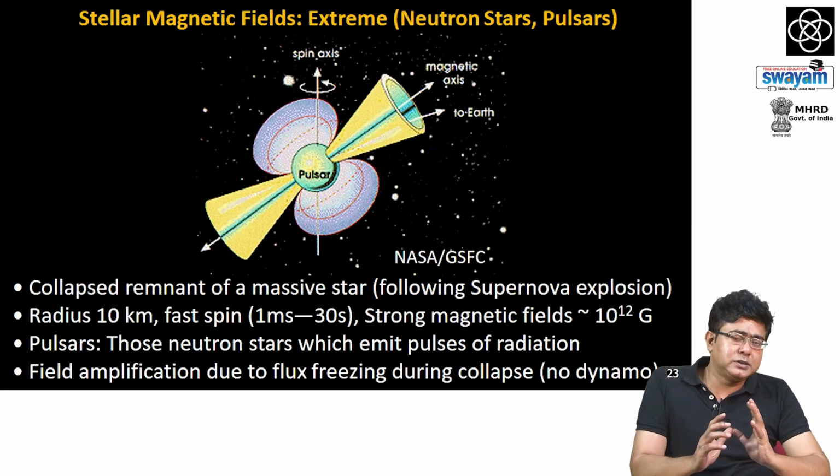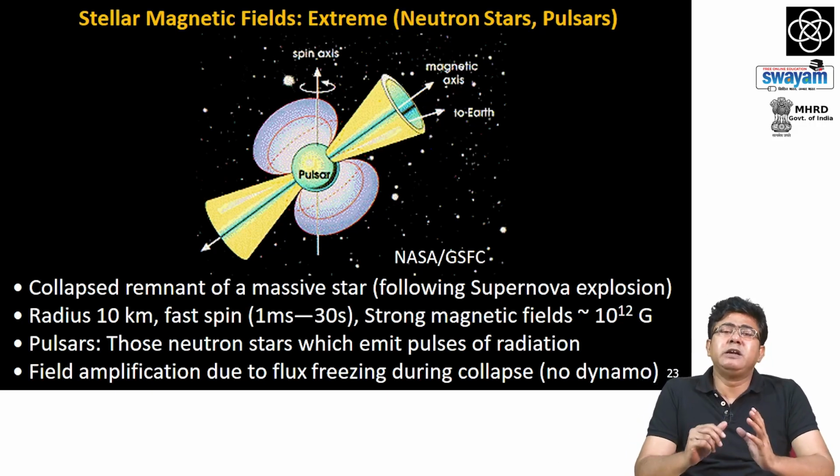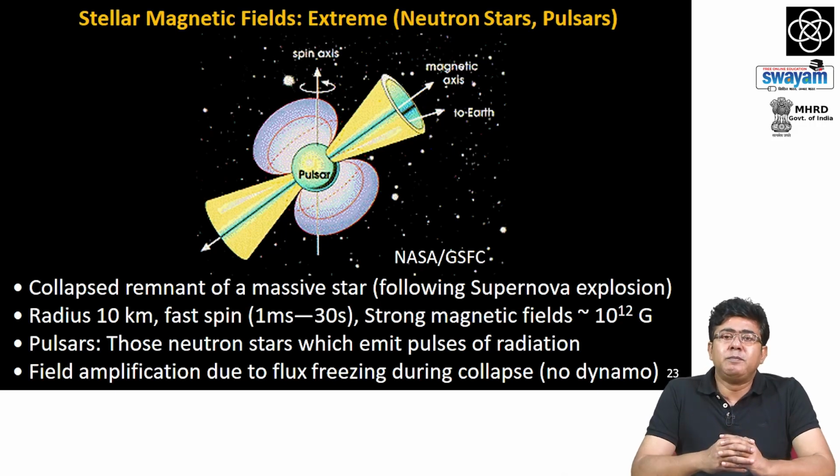There are certain stars like neutron stars and pulsars, which are compact objects and the end products of a massive explosion, like a supernova explosion of a star much more massive than the sun. Typically a neutron star exhibits a very strong magnetic field. They are very small in size, with a typical radius below 10 kilometers.